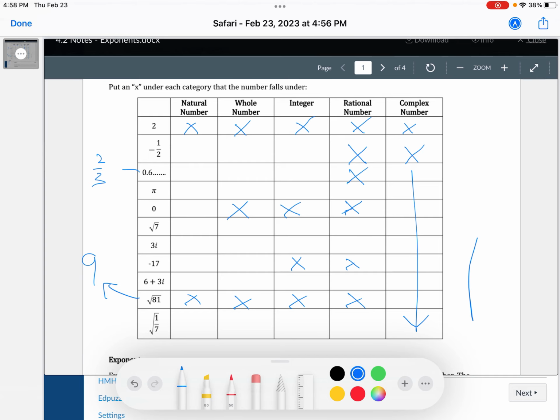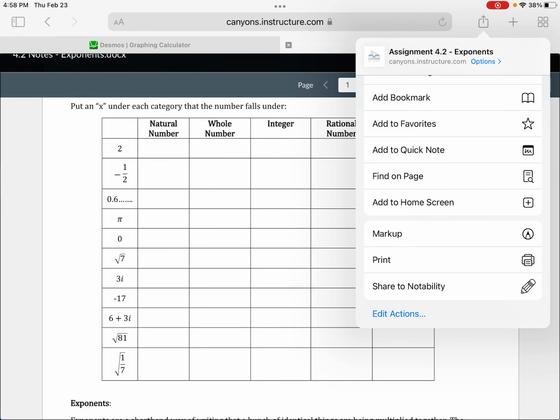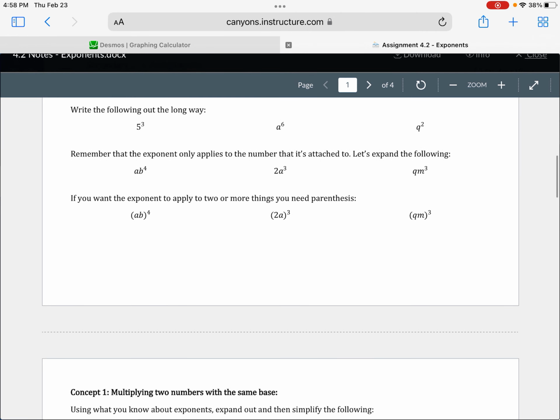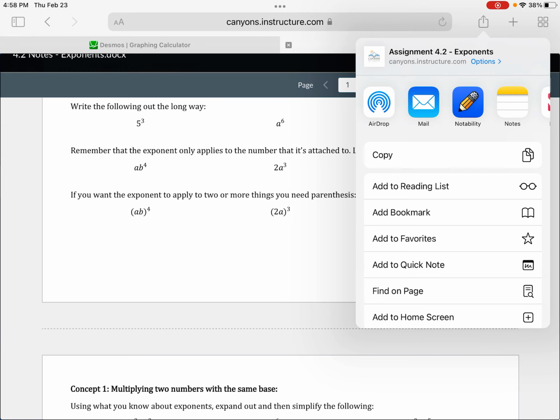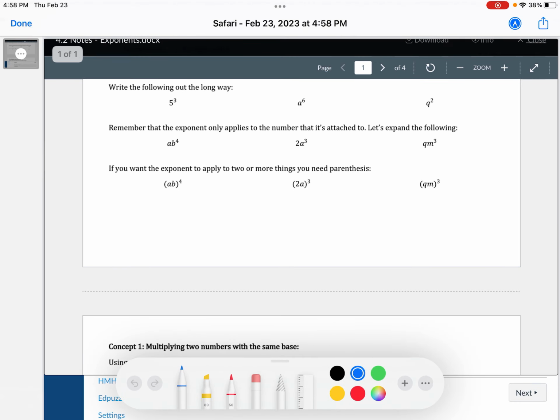All right, let's now go down here and we're going to talk about some rules for exponents. Now, there's one basic rule for exponents that I want you to remember. I don't want you to memorize a bunch of rules, but I do want you to memorize this one basic idea or definition of exponents.